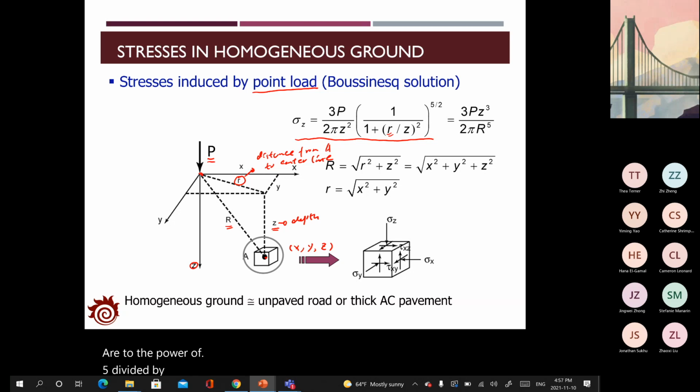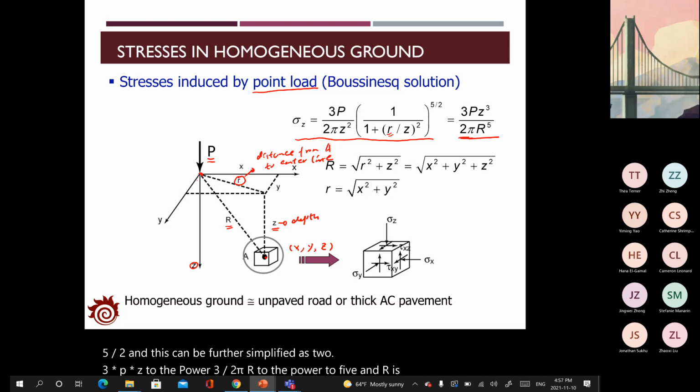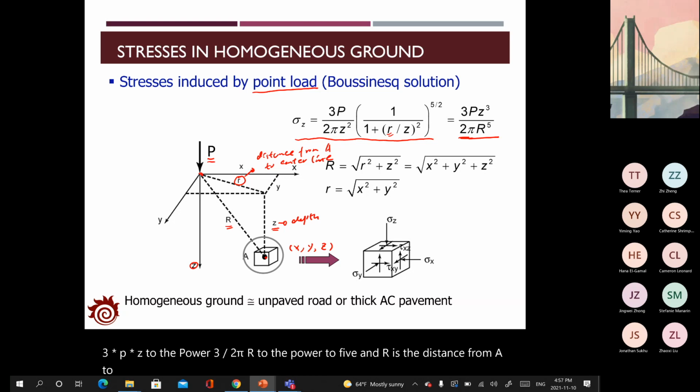And this can be further simplified as 3 times P times z to the power of 3 divided by 2 pi R to the power of 5, and R is the distance from A to the loading point.